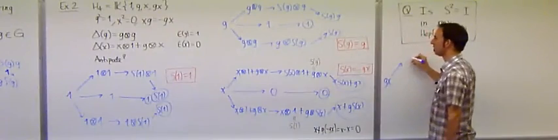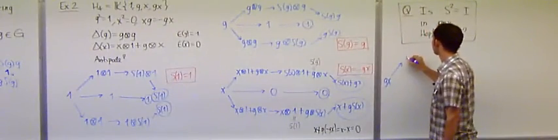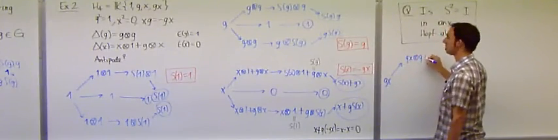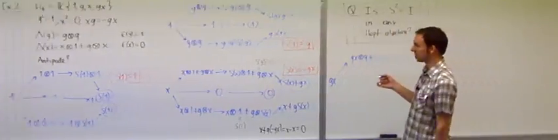I'm going to get Gx tensor G plus G squared, which is 1, tensor gx. And here, same thing. Gx tensor g plus 1 tensor gx. Now, I apply my antipode on the left side. I don't know what S of gx is, but I know what S of 1 is. S of 1 is 1.